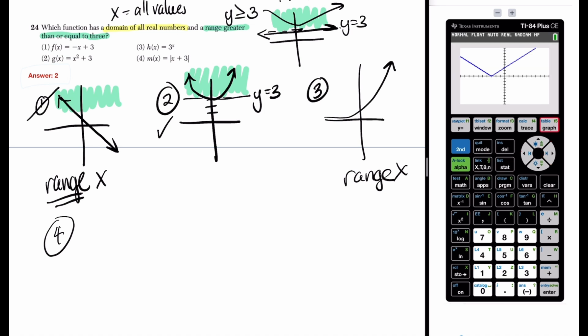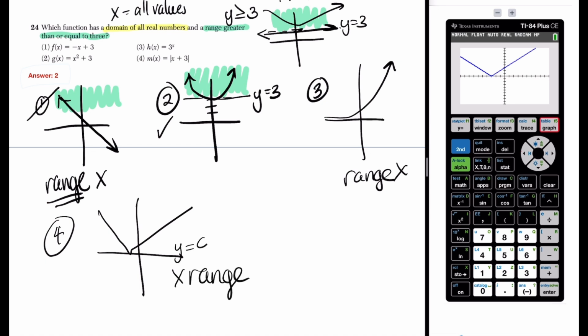You can graph it, and what do you notice? It's fine for our domain, but not our range, because you can see it clearly reaches a point where y is equal to 0. And so that's why numbers 1, 3, and 4 don't work, and 2 is correct.